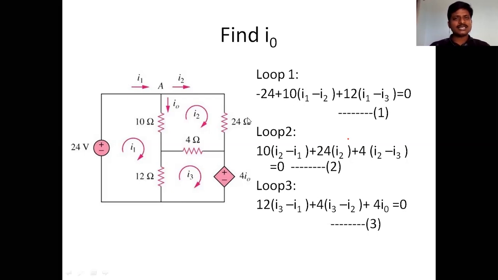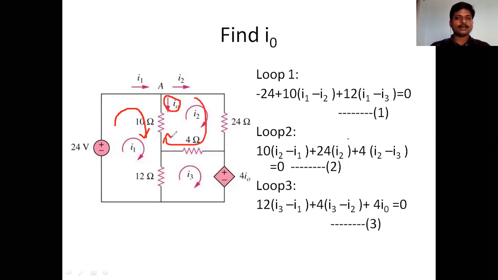So that additional equation can be taken from the diagram itself. As you can see on the diagram, I naught is given here, and the direction is also given. And that I naught is flowing through the 10 ohm resistor. So this is I1 current and this is I2 current.